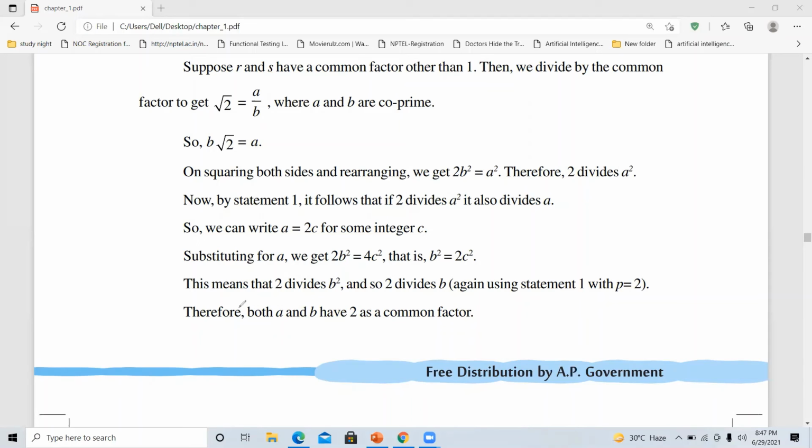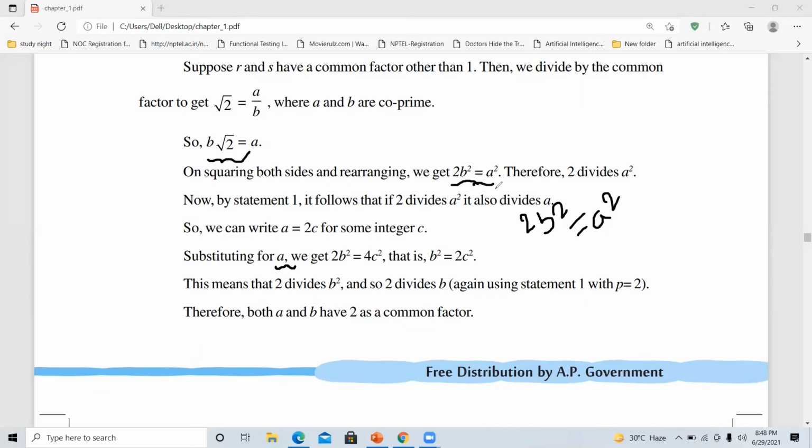After completing this, we are substituting this particular value of a in 2b square equal to a square, where we have considered b root 2 equal to a and squared it on both sides to get 2b square equal to a square.